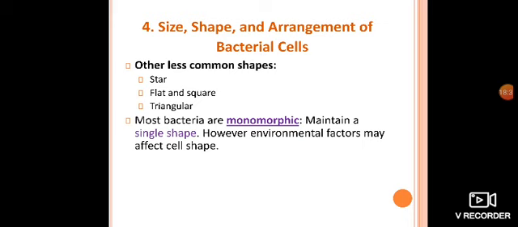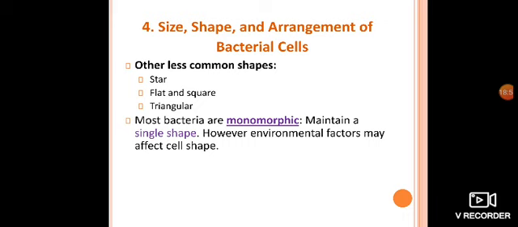So all the common sizes and shapes of bacteria are covered, but still a few bacteria do not belong to any of those categories. They have star, flat, square and triangular shapes. These are also available, and most of the bacteria are monomorphic.